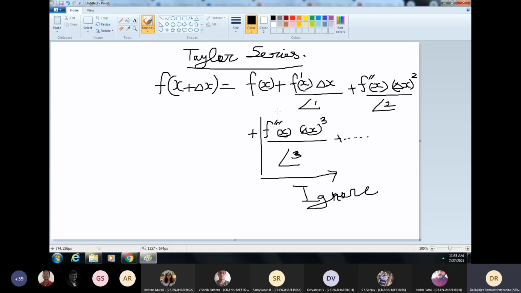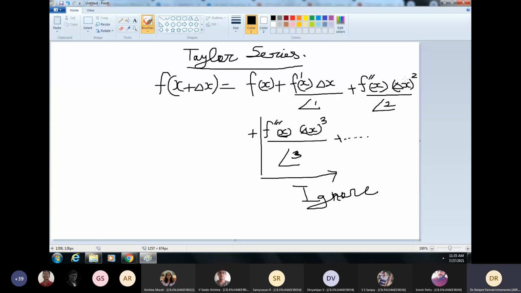But if your line is curving, then you need to take care of all these other derivatives also. If it is 0 from some derivative, then you can be okay. But if f of x is sin x and you want to use this formula, none of them is 0 till infinity. But what happens? The first term is delta x. Suppose the delta x you are taking is 0.1. The next term will be 0.01, assuming the coefficients are comparable.